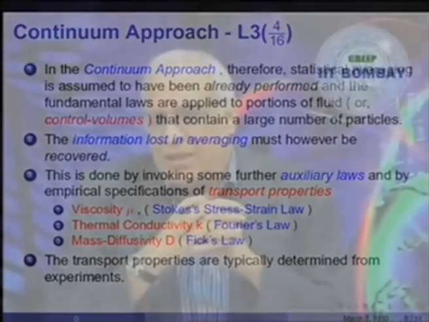They are simply very tiny, or infinitesimally small. And since we assume that the fluid is viewed such that averaging has taken place, obviously some information is always lost in any averaging, and therefore that information must be recovered. This information recovery is done by invoking some additional auxiliary laws along with the fundamental laws.